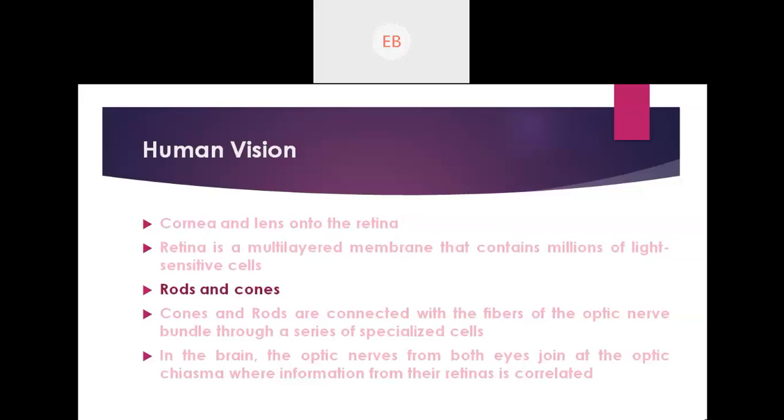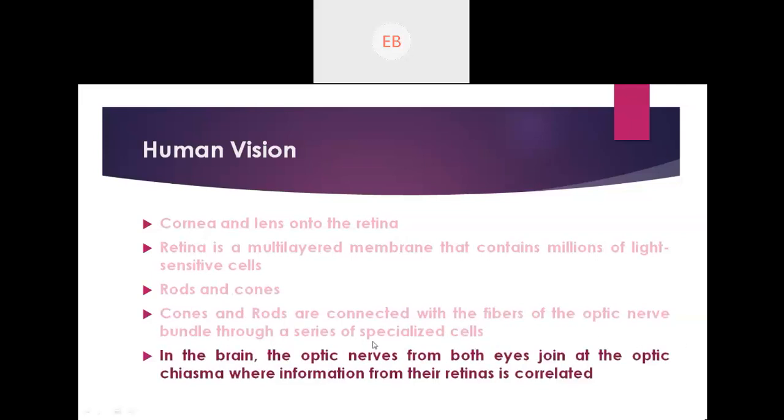So these rods and cones are the image capturing receptors of the retina. Then cones and rods are connected with fibers of the optic nerve bundle through a series of specialized cells.